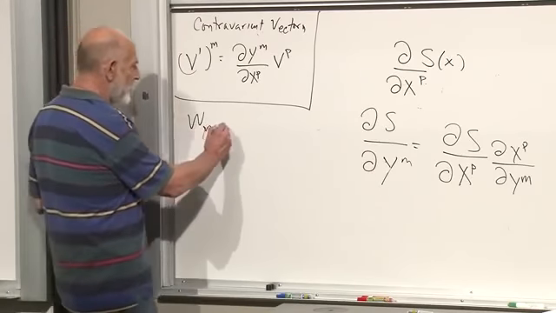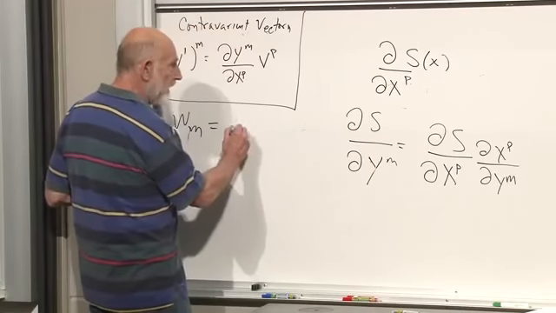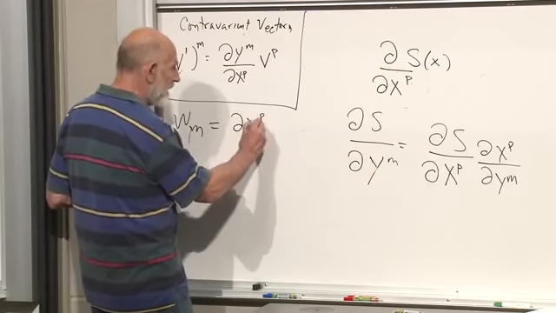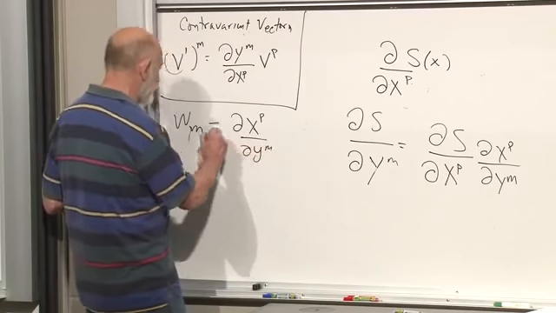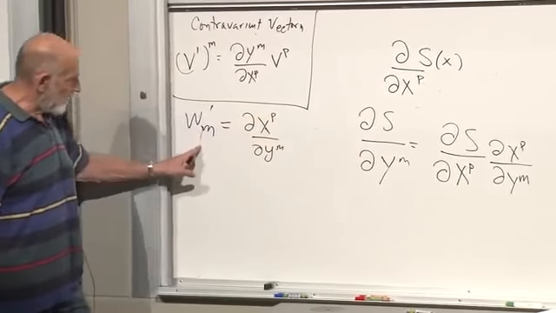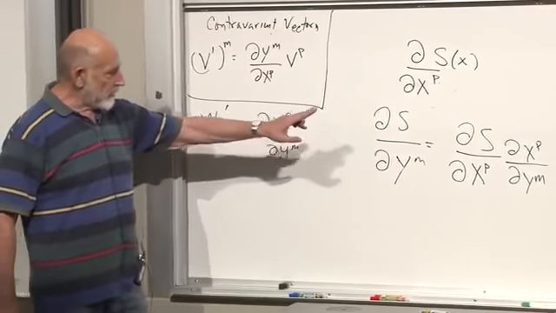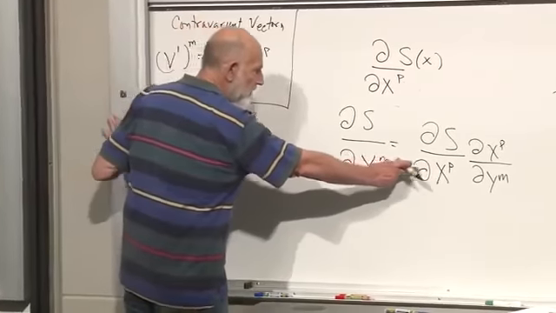w'_m is equal to ∂S/∂y^m. This is the primed gradient, the derivative with respect to the primed y. That's equal to ∂x^p/∂y^m times, now what is this thing over here?